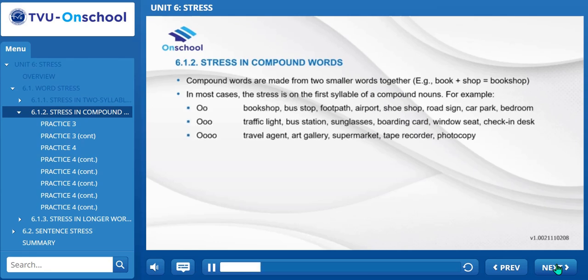For example, bookshop, bus stop, footpath, airport, shoe shop, roadside, car park, bedroom, bathroom.